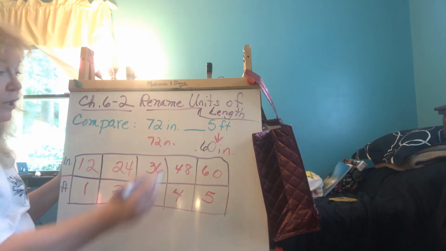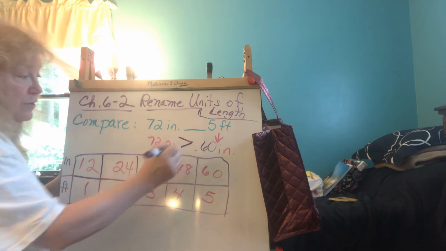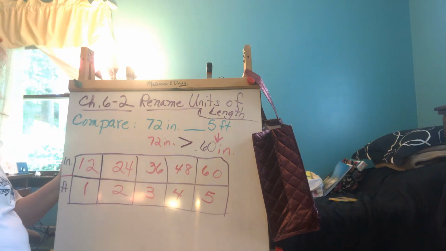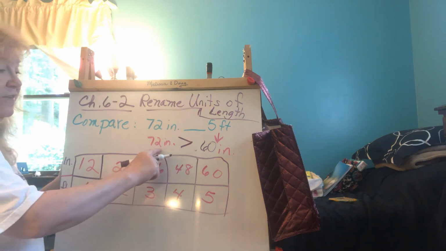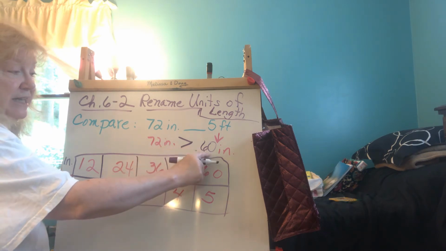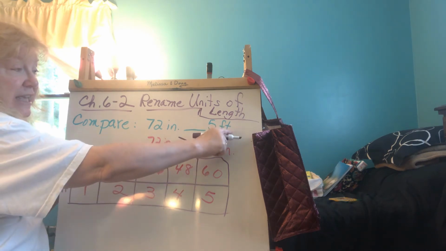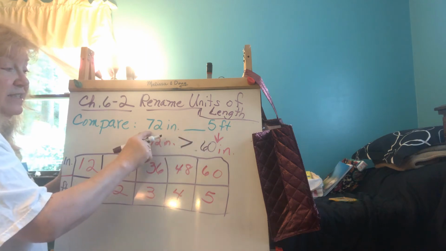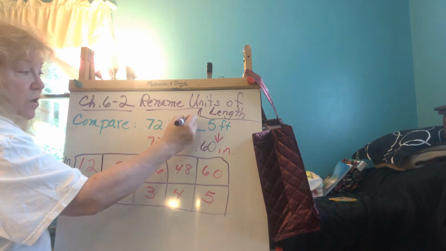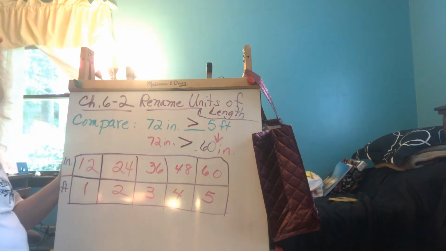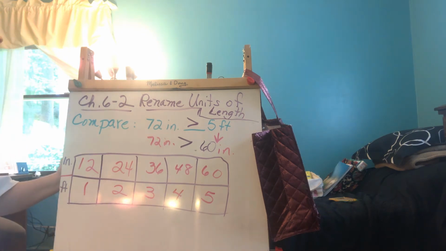Now hopefully you told me it was greater than 60 inches. So if 72 inches is greater than 60 inches and 60 inches equals 5 feet, then 72 inches must also be greater than 5 feet. Okay? Let's look at another example.